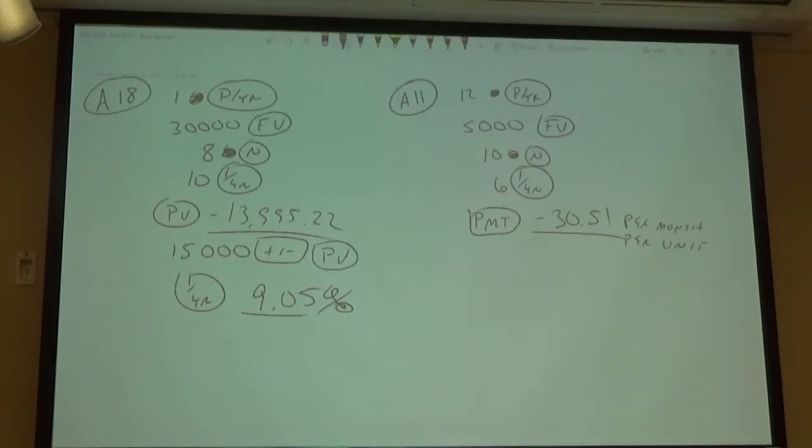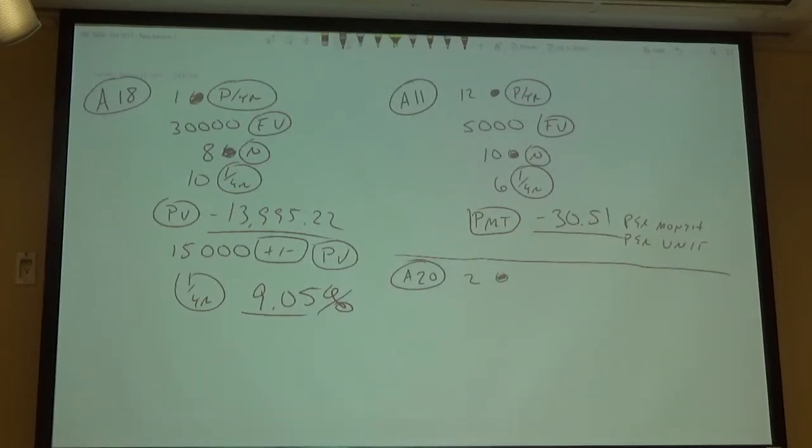What's the next one you want? 20. Okay. You plan to deposit $4,000 at the end of each 6-month period for the next 10 years, okay? So every 6 months is how many times a year? 2.